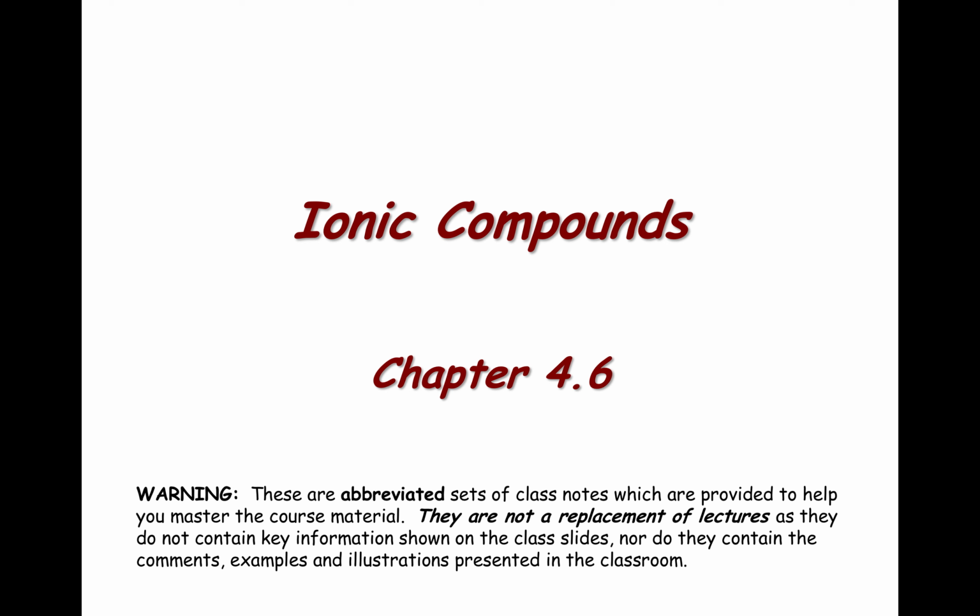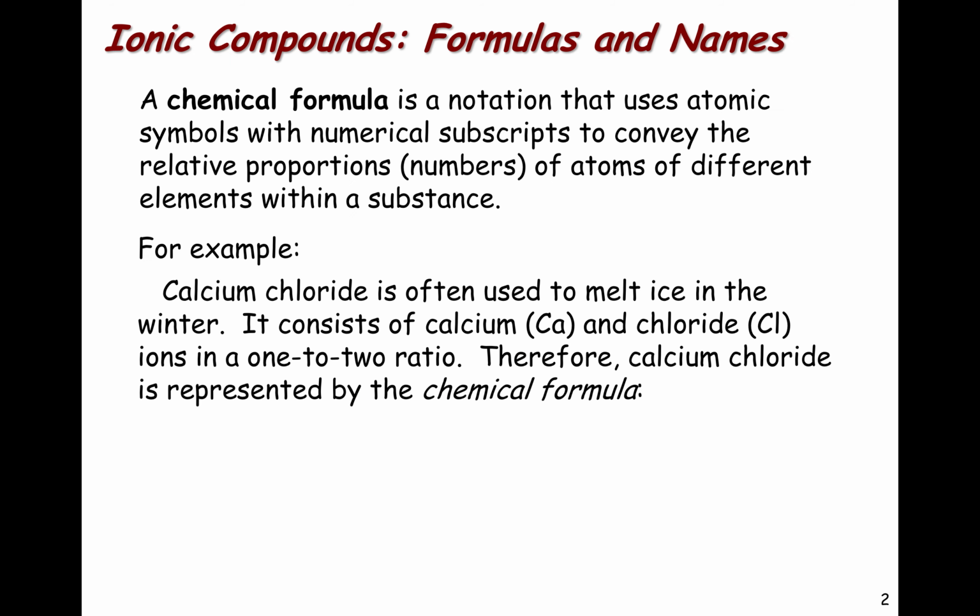In this video, we will be discussing the formulas and names for various types of compounds, and specifically dealing with ionic compounds. The formulas for ionic compounds are generally comprised of positively charged ions or cations and negatively charged ions, which are anions.